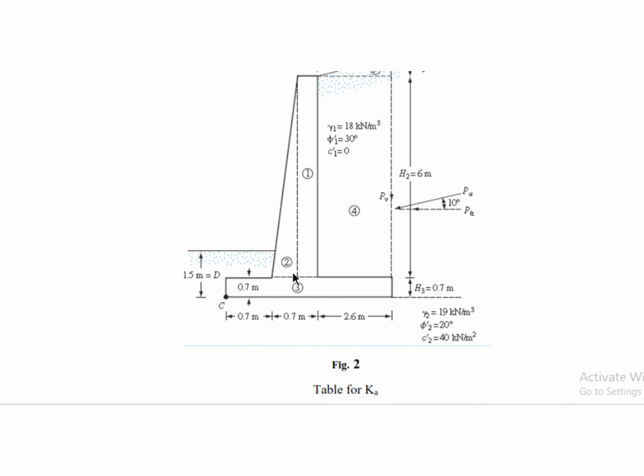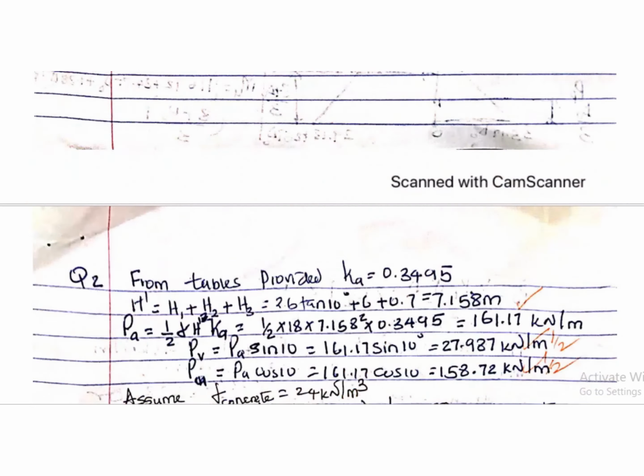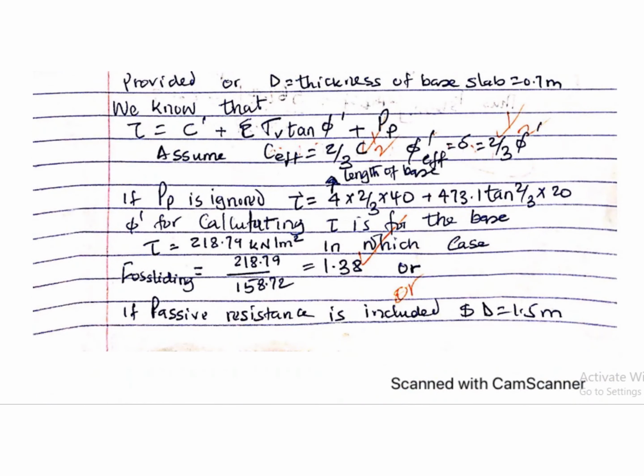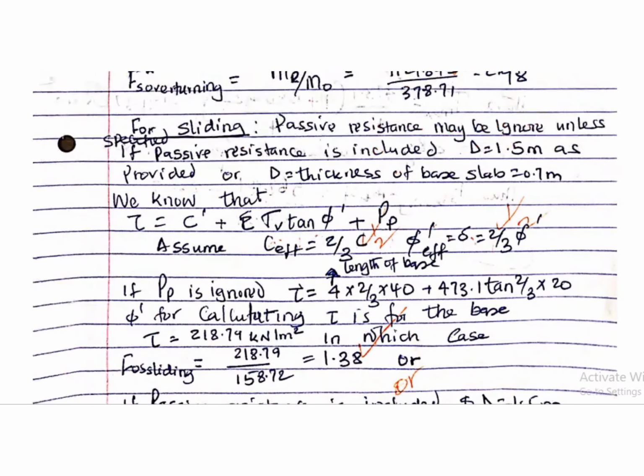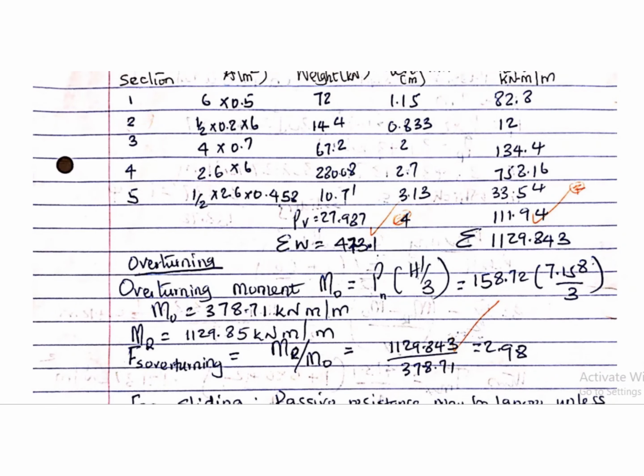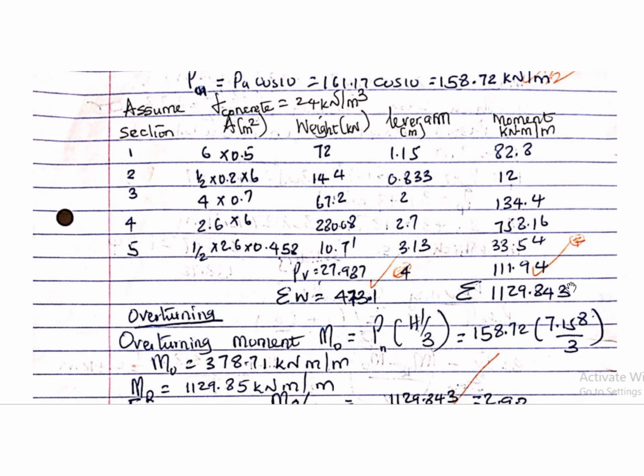So it should not be very difficult to figure them out. Once you are able to do this, this becomes the resisting moment, because it uses its self-weight as part of the resisting mechanism. So you add the moments, that is the resisting moment.